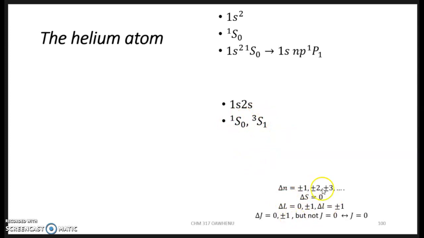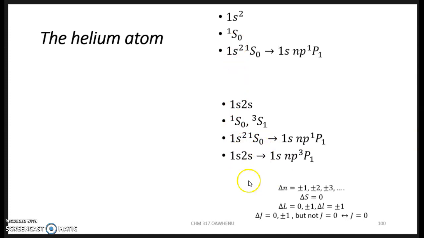Using these selection rules as well, we can go from 1s2, 1S0, to 1s np, 1P1.